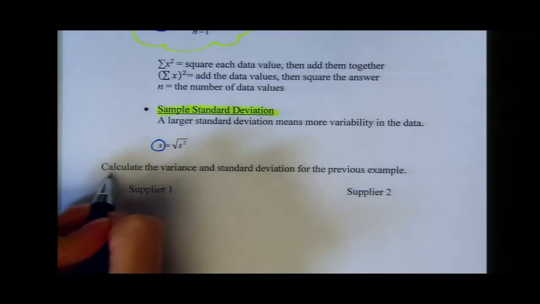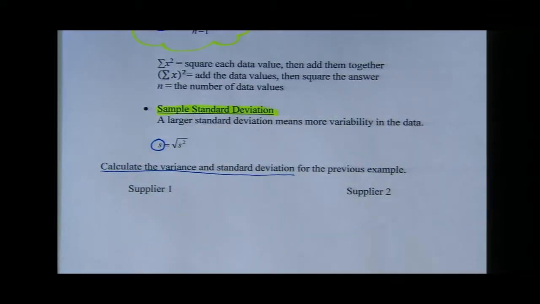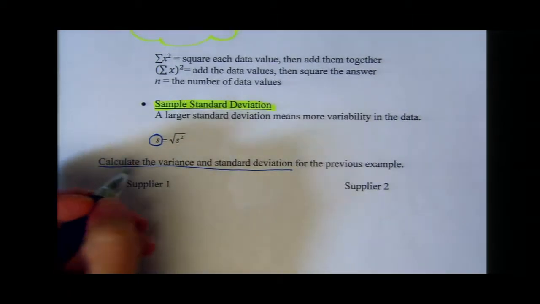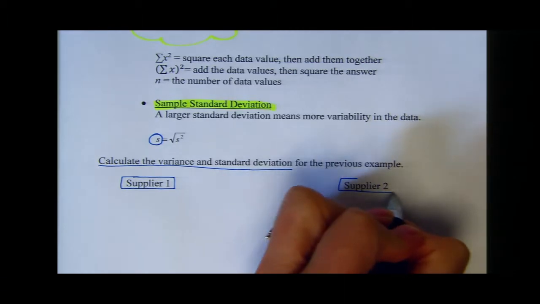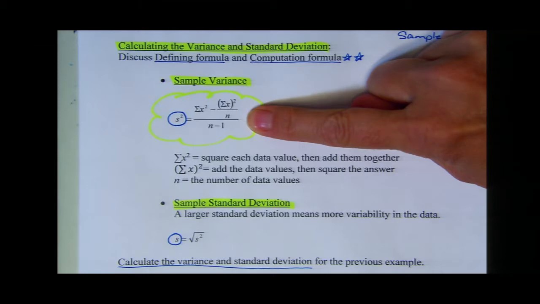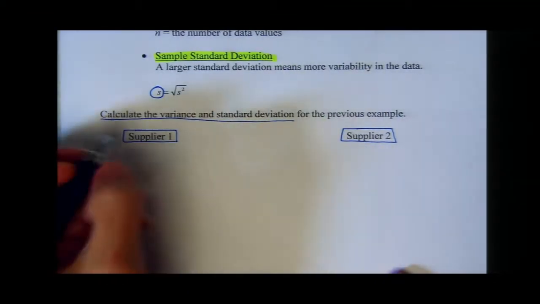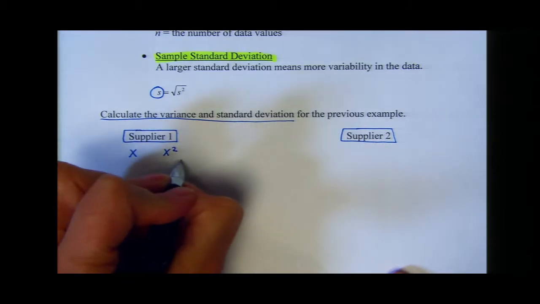So what we're going to do is calculate the variance and the standard deviation for that previous example that we did that dealt with the blueberries. All right, so we have supplier 1 and supplier 2. And we are going to implement this formula. Well, in order to get the values we need to apply this formula, I need to create a table that has the X values, and then we're going to square each of those values.